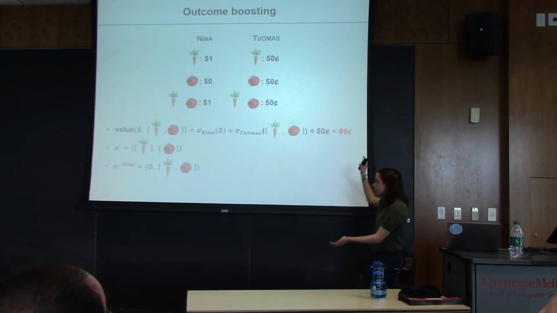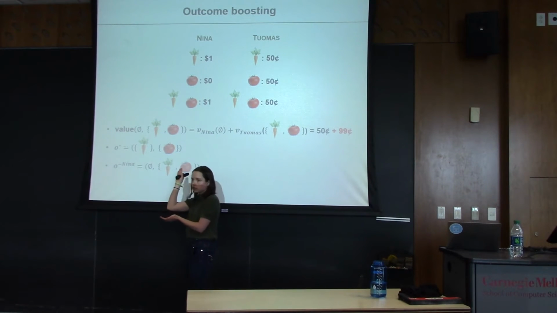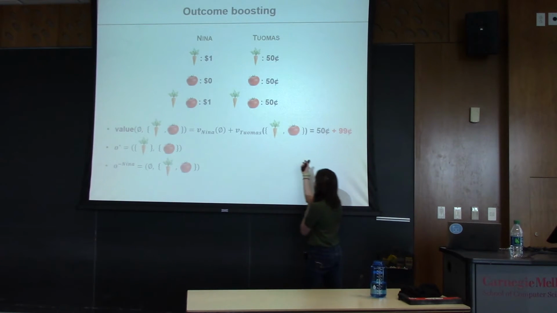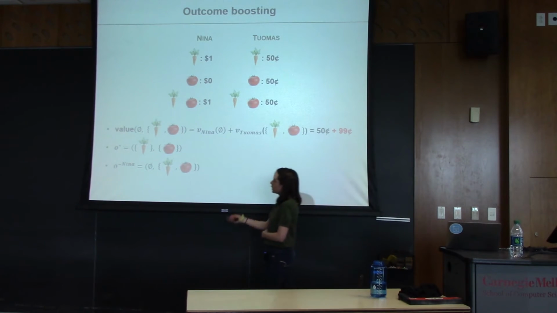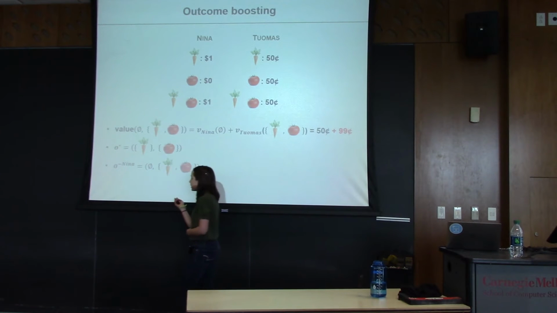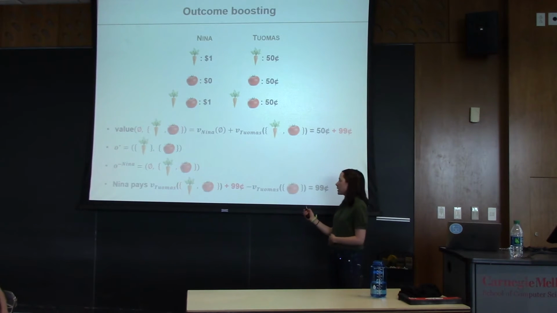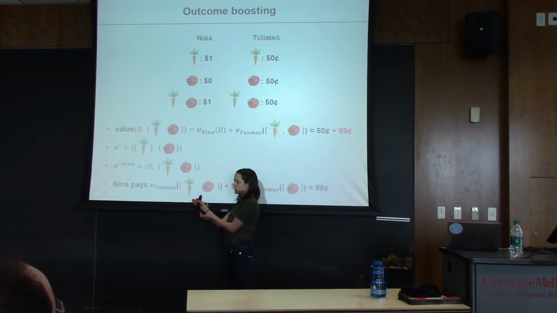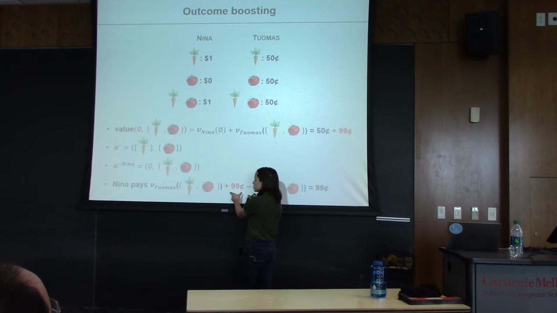So in this example, with this boosted outcome, the outcome actually doesn't change because the value of the best outcome is still 150, and this outcome only got boosted to 149. So it's not going to be the outcome of this auction. And without Nina's participation, Tuomas is still going to value this outcome the most. In fact, it is the outcome I boosted. So nothing is going to change. But what is very interesting is that now the payment function is going to change. The way these auctions work is that you include the boost.